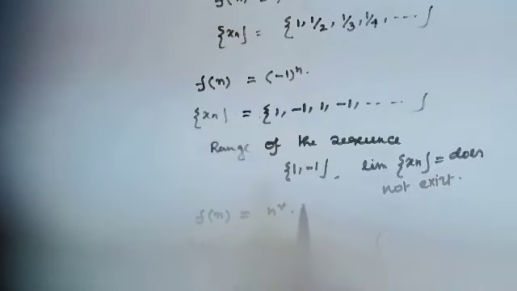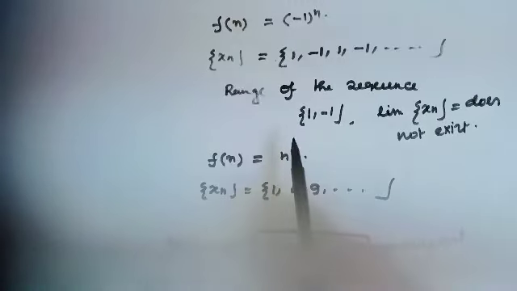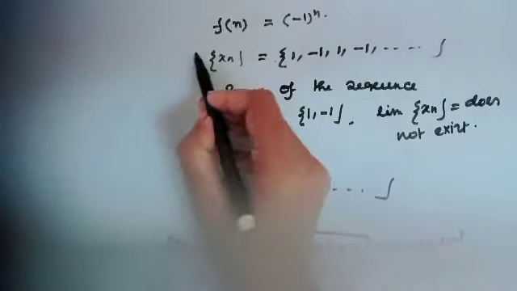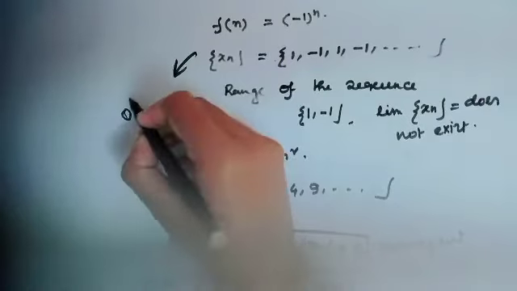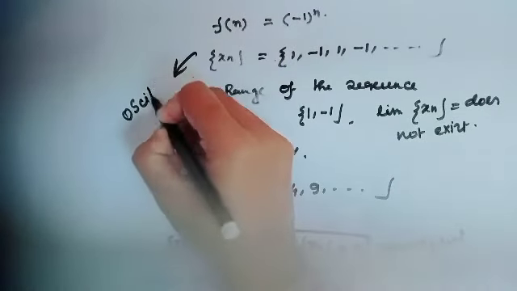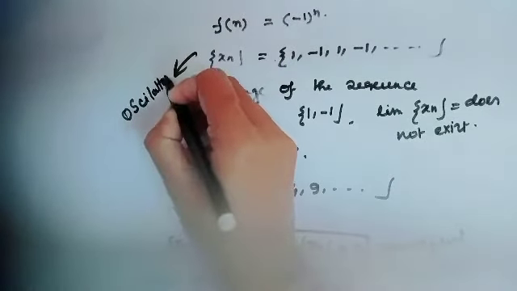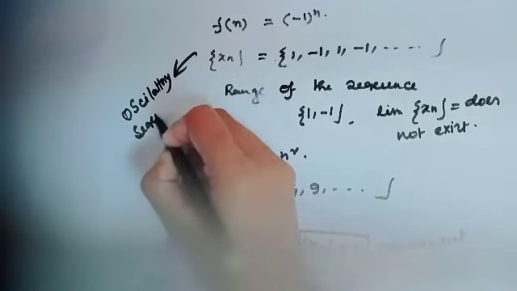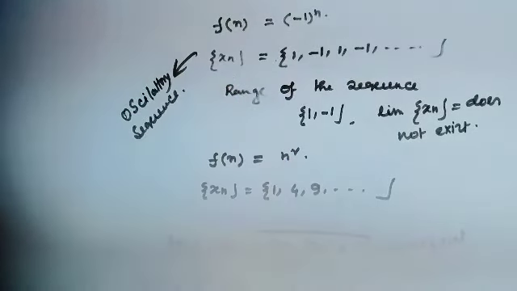We cannot tell that this sequence goes to any finite number. Such a sequence is called an oscillatory sequence. Right? Have you understood? Okay.